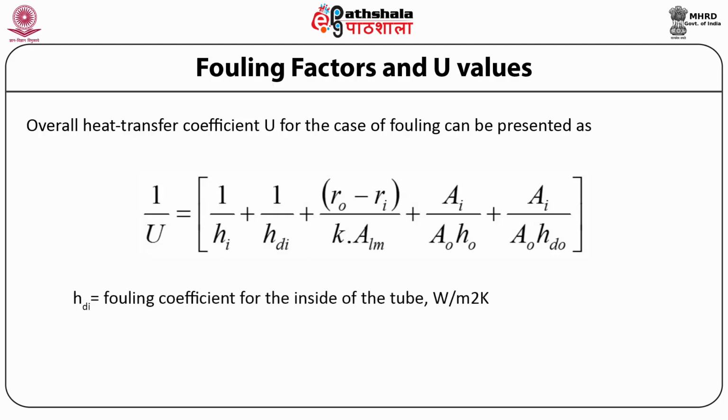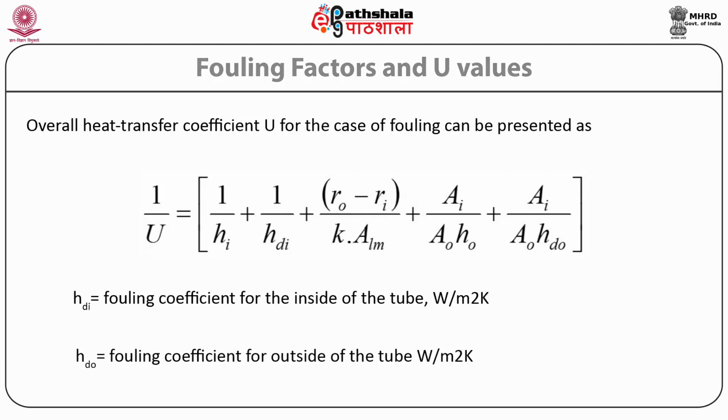Here HDI is the fouling coefficient for the inside of the tube expressed in watt per meter square Kelvin, and HDO is the fouling coefficient for the outside of the tube, watt per meter square Kelvin.